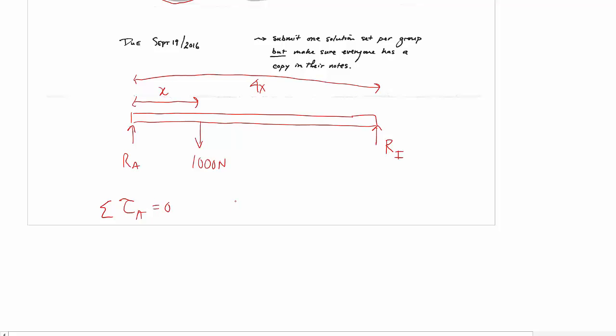So 0 equals 1,000 x minus RI 4x. So you get 1,000 x equals RI 4x, the x's cancel out, and you get RI equals 250 newtons.